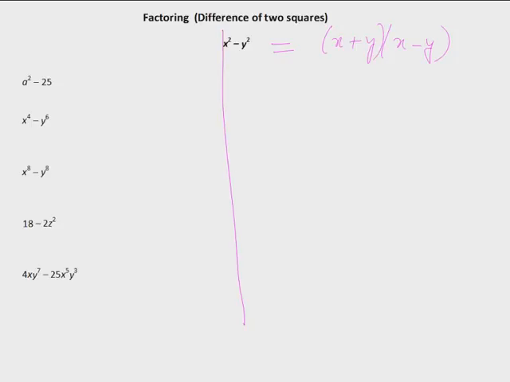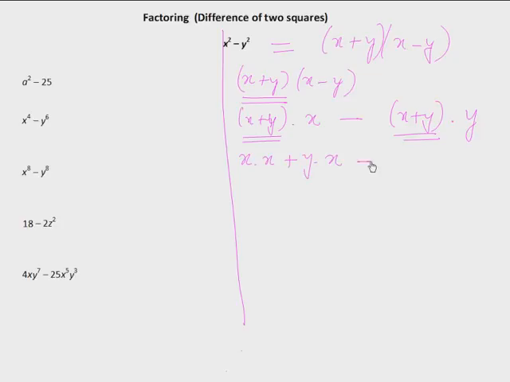So I am going to multiply x plus y and x minus y. I'm going to use the distributive property that I just introduced. So I'm going to do this whole bracket x plus y into x, minus this whole bracket x plus y into y. Now I can distribute again. This becomes x into x plus y into x, minus, I open a bracket, x into y plus y into y.